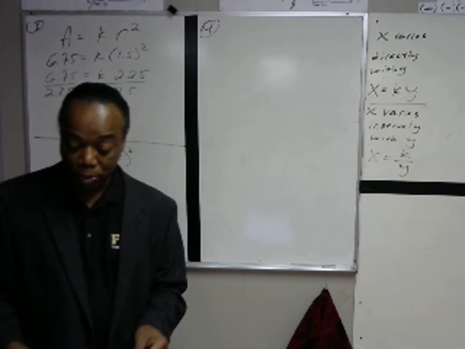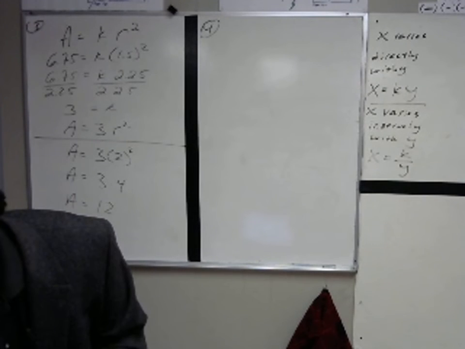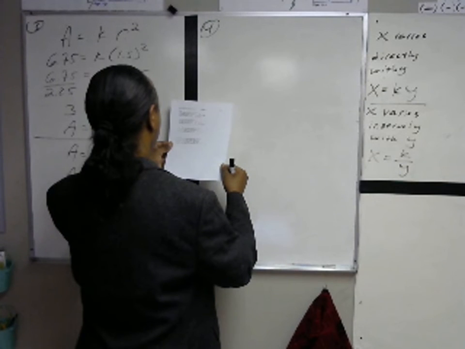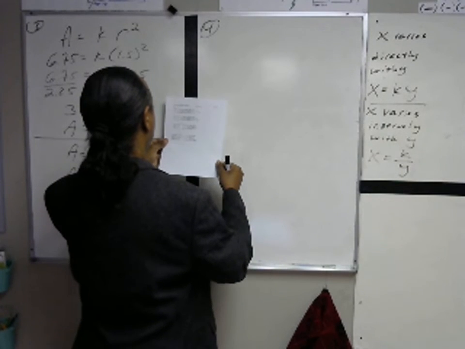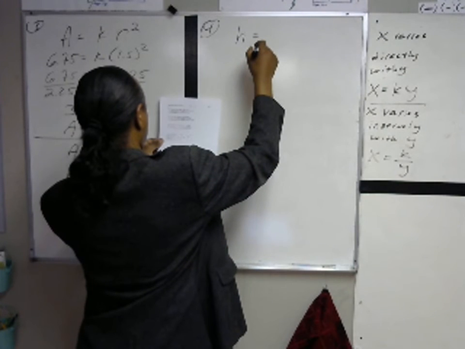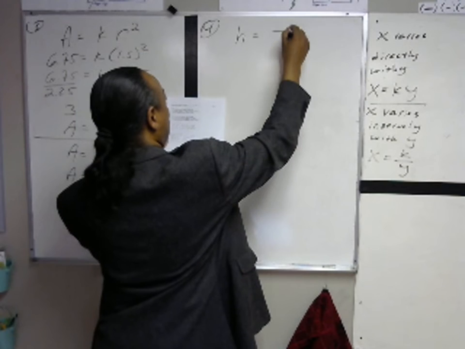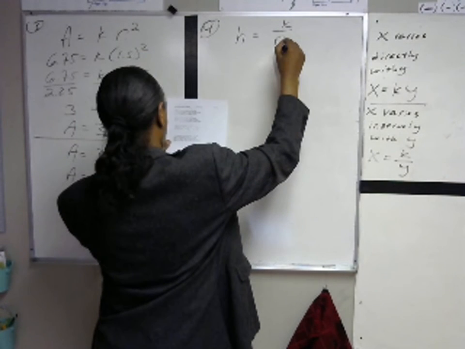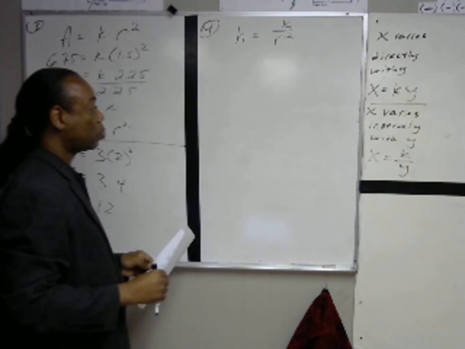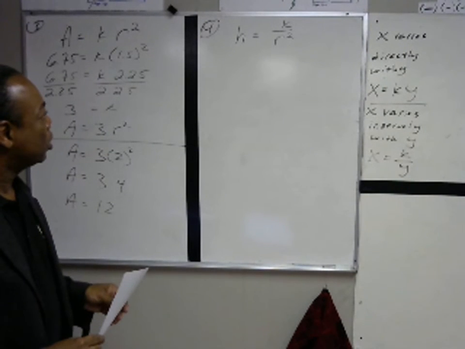Okay, so we're preserving volume by using the variation equation. To preserve the volume, the height must vary inversely with the radius. So height equals K over radius squared.